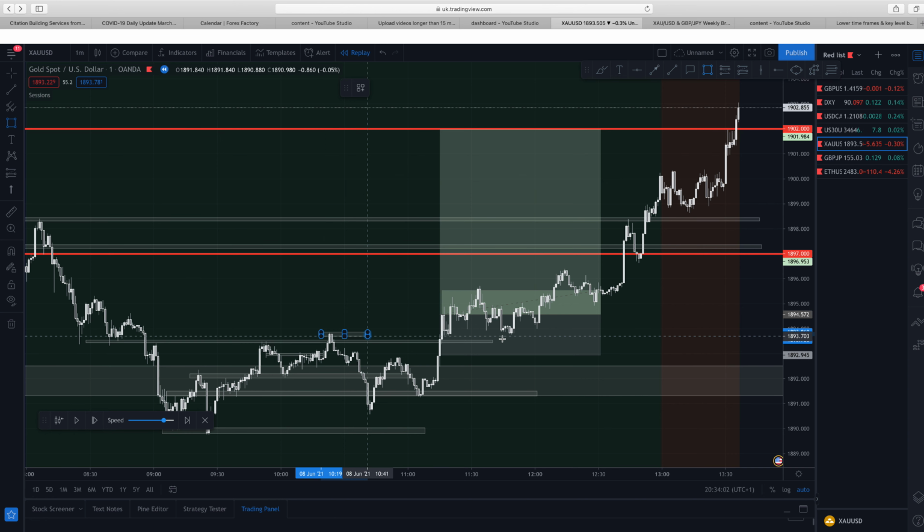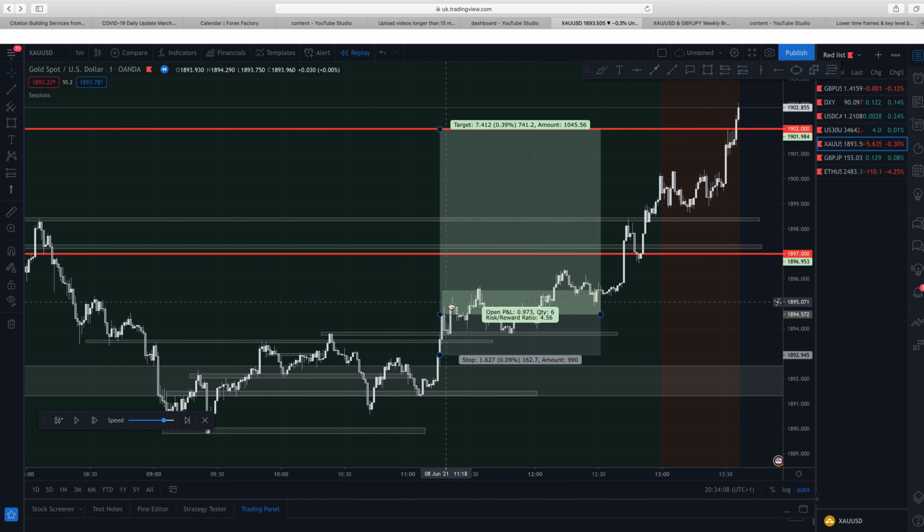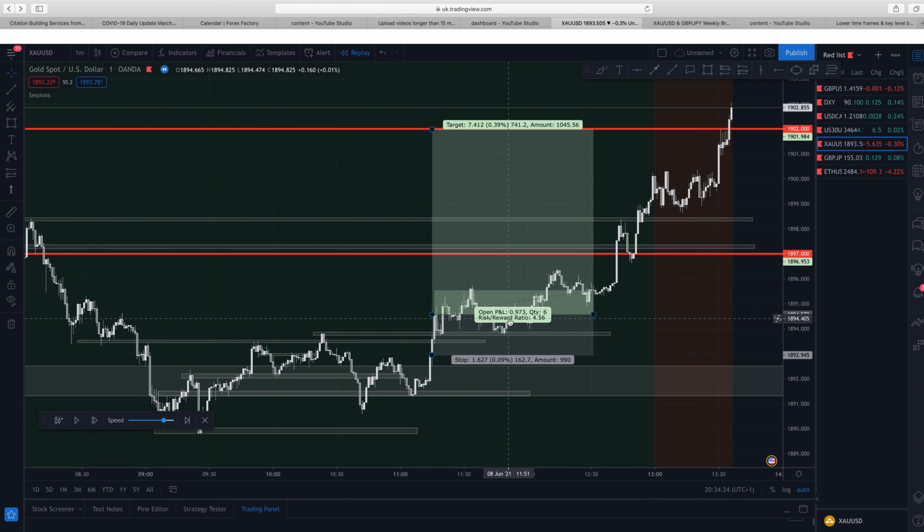As long as you are respecting the recent high it's just broke out of, the trade idea is still valid. It doesn't move ideally as well as you'd want. You'd much rather it just push up nicely like this and then have minor pullbacks and just continue pushing up. But it is quite slow. It's 11 o'clock.